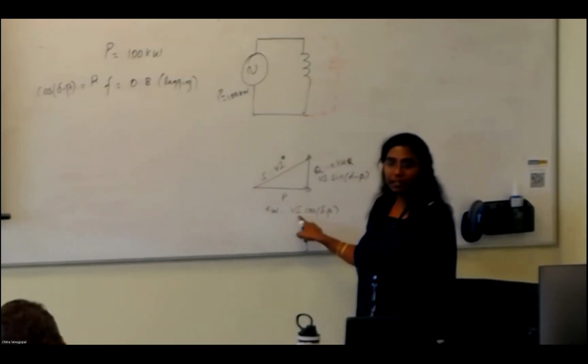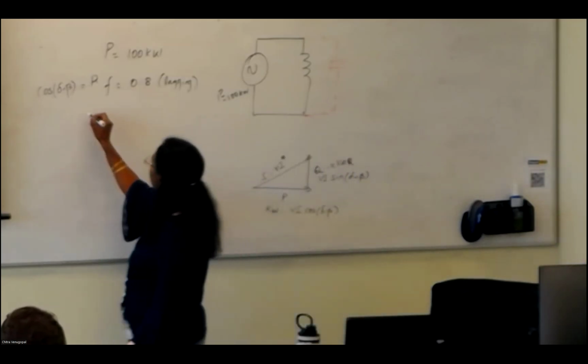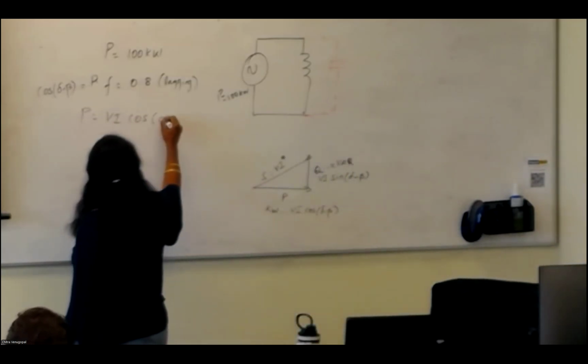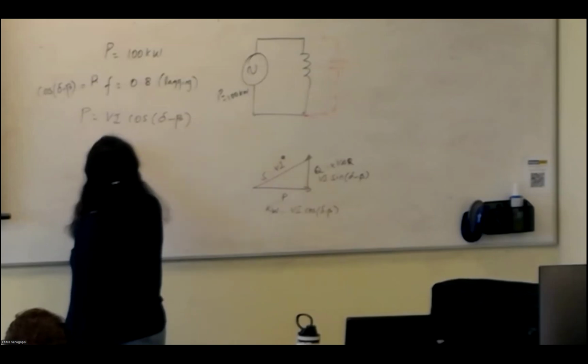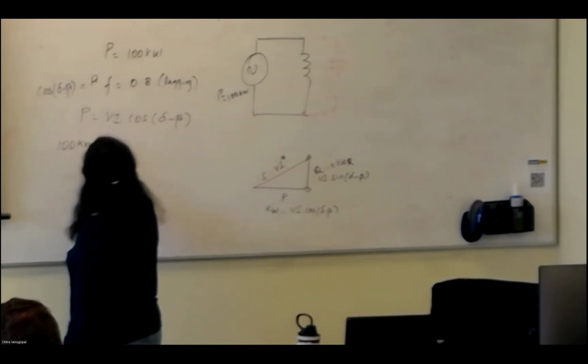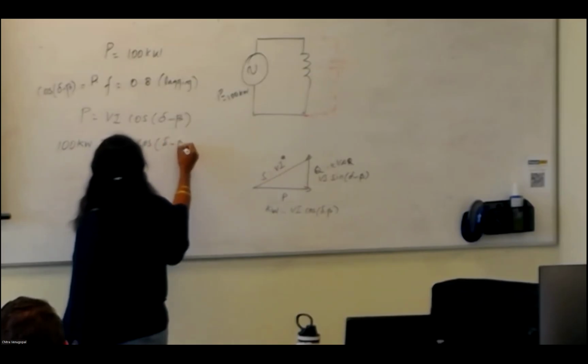So this factor V I is real power. So real power P equal to V I cos(δ minus β). Real power is given as 100. 100 kW equal to V I cos(δ minus β).